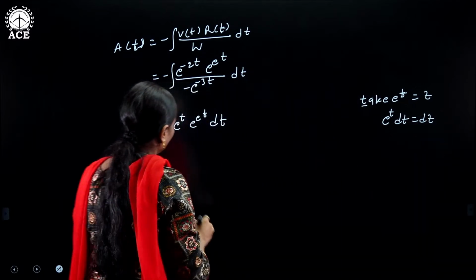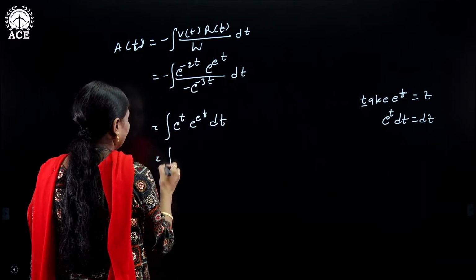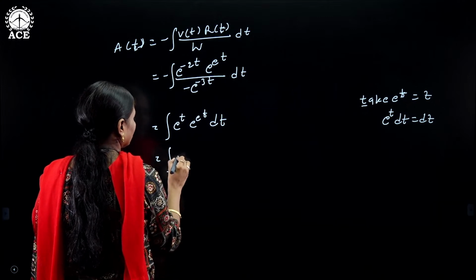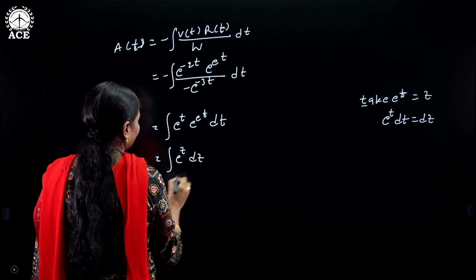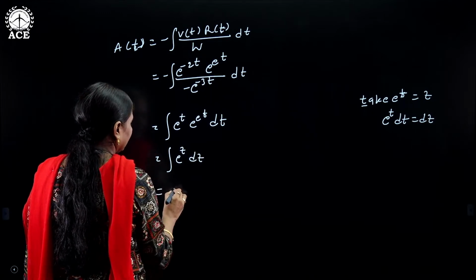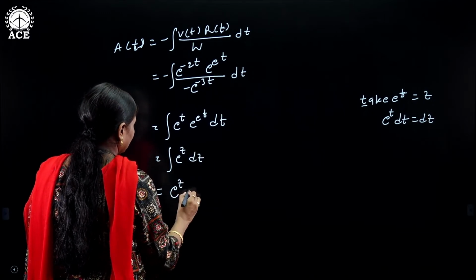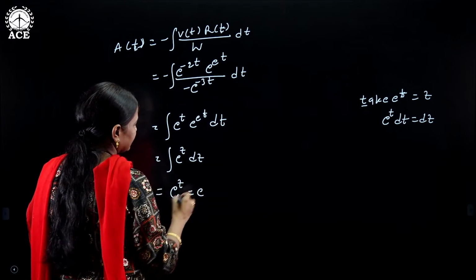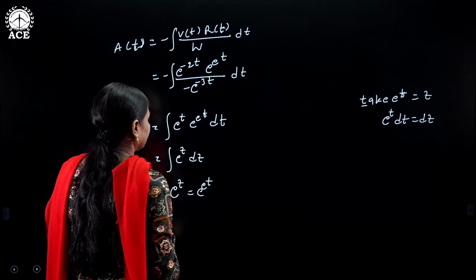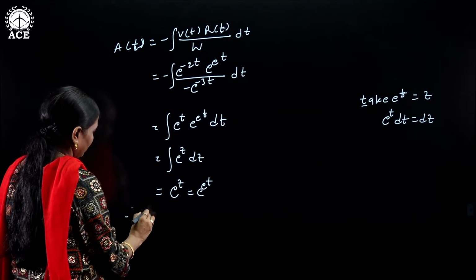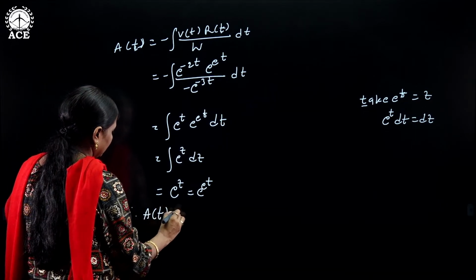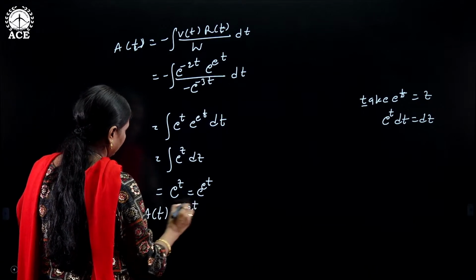Substituting that here, we get the integral of e power z into dz. The integration of e power z is e power z only, but z is equal to e power t. So this is the a of t value. Therefore, a of t is equal to e power t.